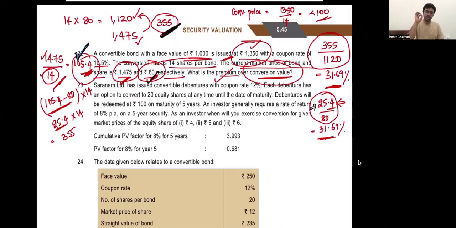It is actually just pure math. If you're finding it a little overwhelming, just take a moment. You'll see that all the calculations are the same. At one place, you're multiplying the per share number with 14 and then calculating the premium. At another place, instead of multiplying the per share with 14, we are dividing 1475 by 14 to calculate the implicit share price, and the implicit share price is being deducted from the current share price to arrive at the premium per share.